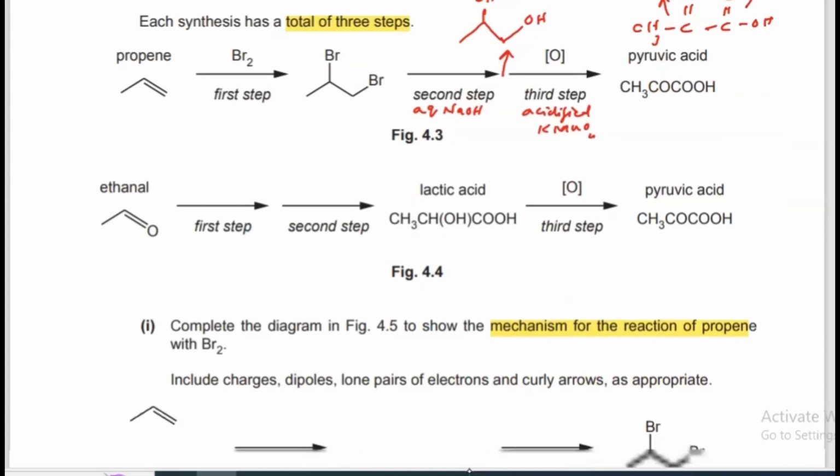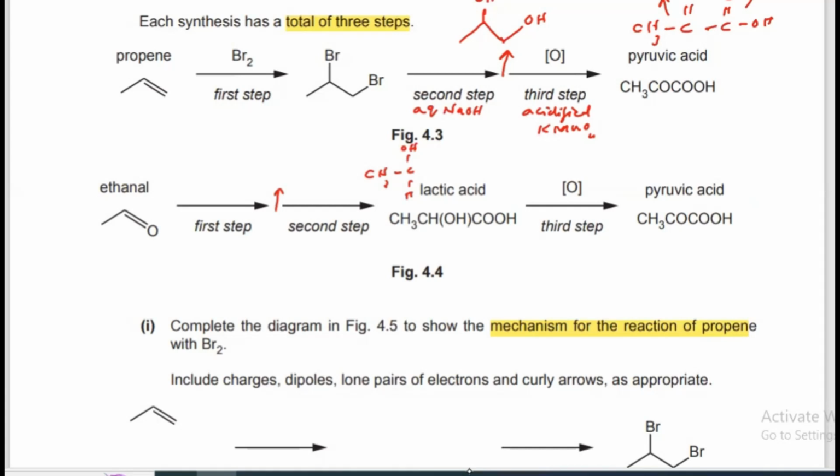Now, in the second scheme, 4.4, there's the ethanol, and in the first step you're getting something here, and then in the second step you are getting this thing. If we draw the structure of this, this is CH3, then CH, and then OH.